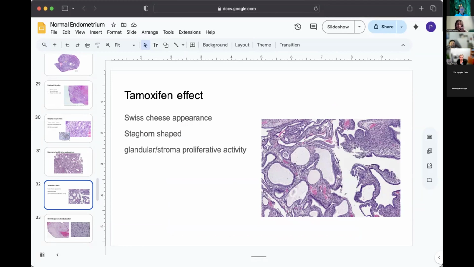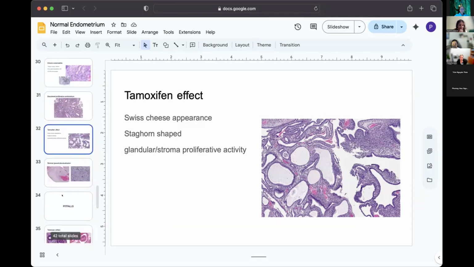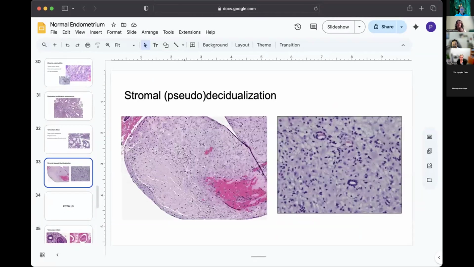That's what the Swiss cheese appearance refers to. You can also get staghorn shaped glands like these, which are angulated glands. And then you can have proliferation, common in these polyps, within the stroma and the glands.